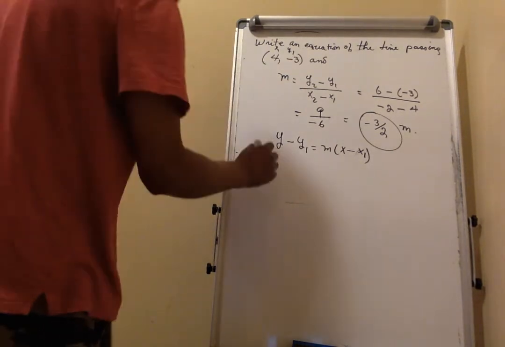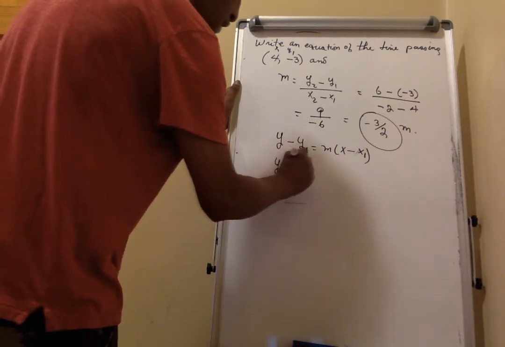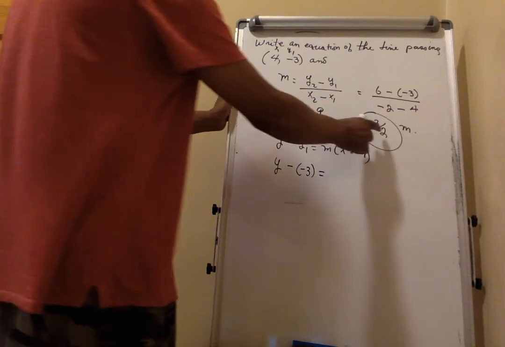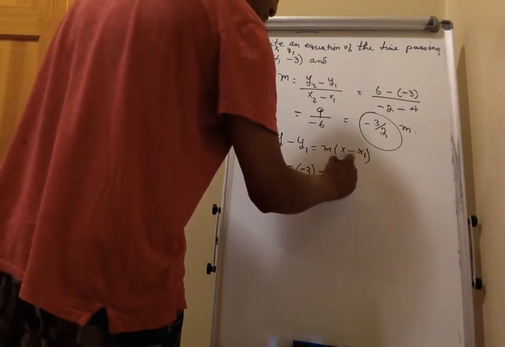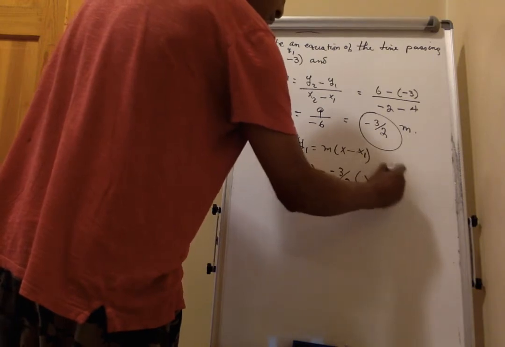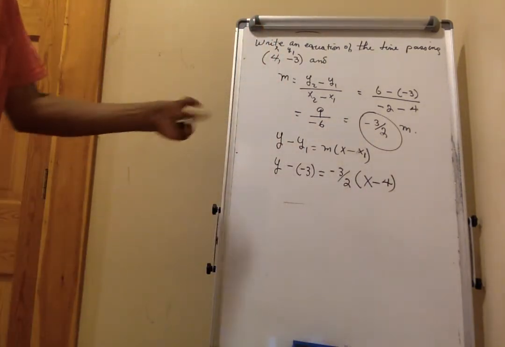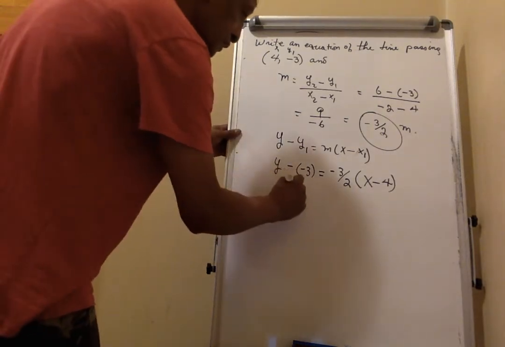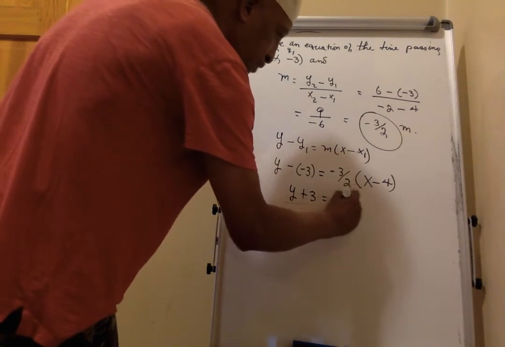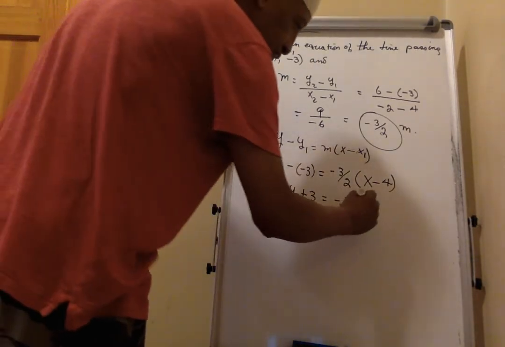Now your y1 is -3, so y minus -3 is equal to your slope, -3 over 2, times x minus 4. Simplify this. This would be y plus 3 is equal to -3 over 2 x. Negative times negative is plus.